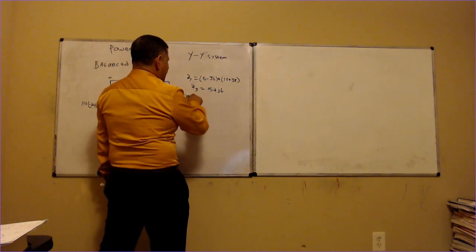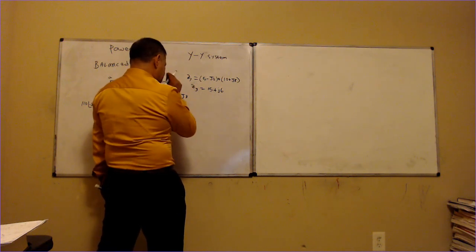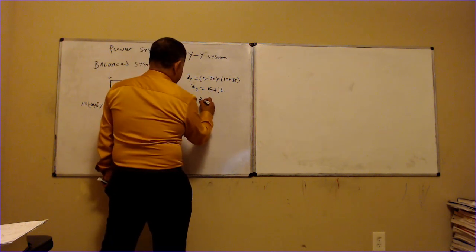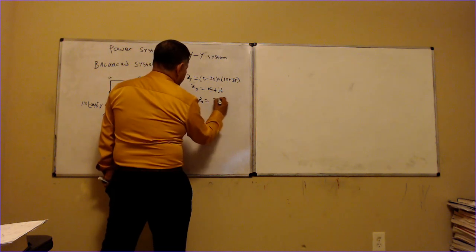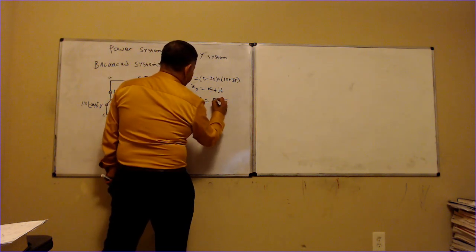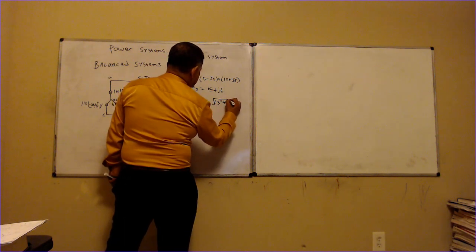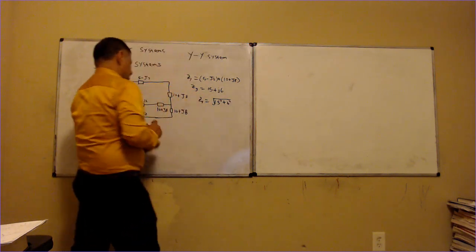But this is not the impedance magnitude yet, because the magnitude of this is going to be the square root of 15 squared plus 6 squared, right?